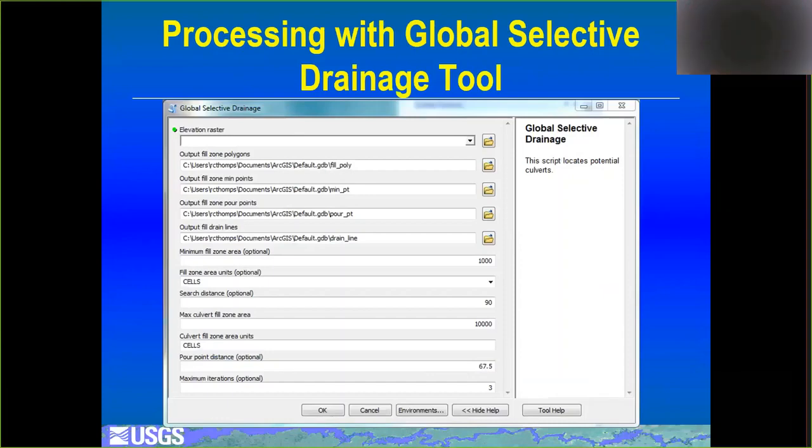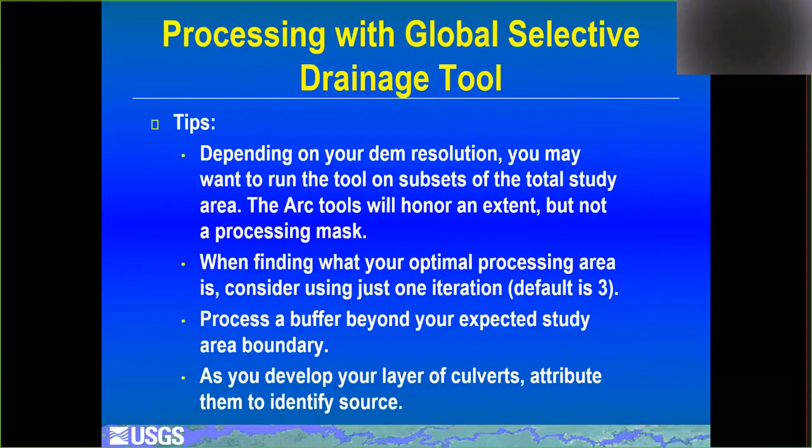Let's see, and I think the next, we also put together some tips for processing. Depending on what your DEM resolution is and the size of your study area, we found it really helpful to run the tool on a subset of the total study area rather than turning it loose on it and having it crank away for 3 days or something like that.